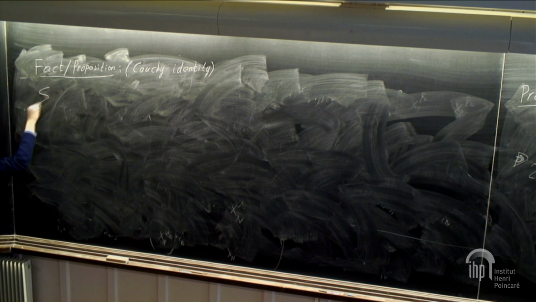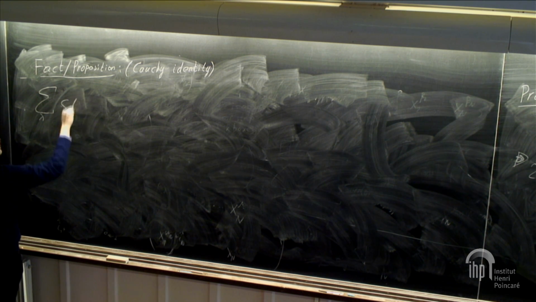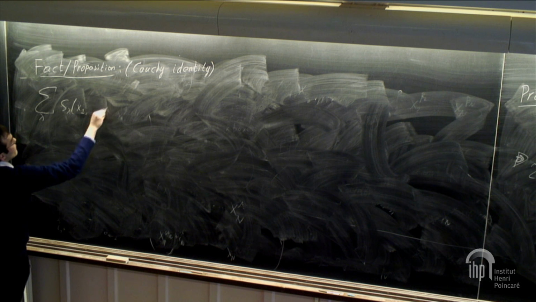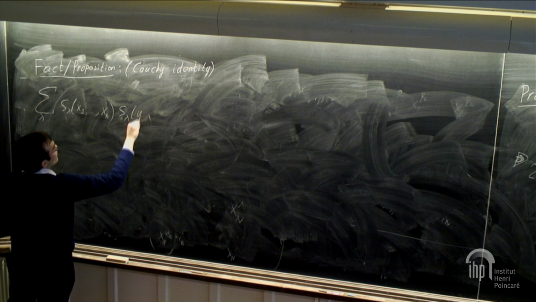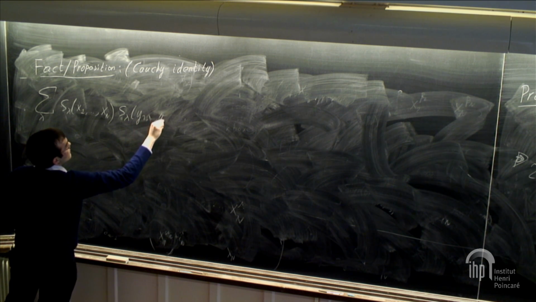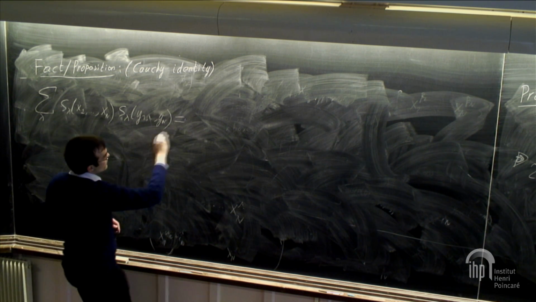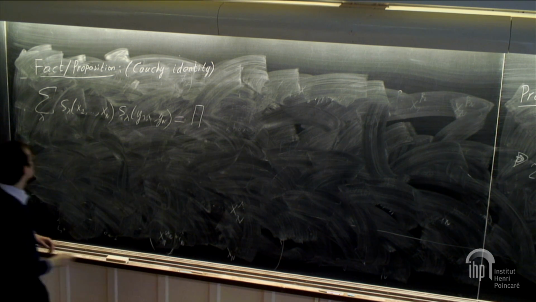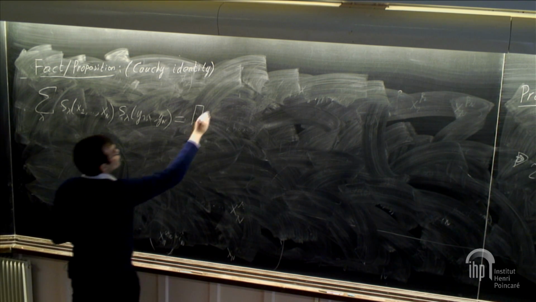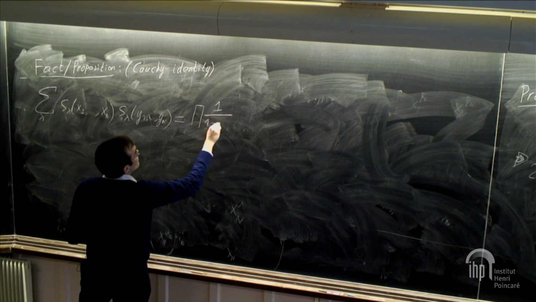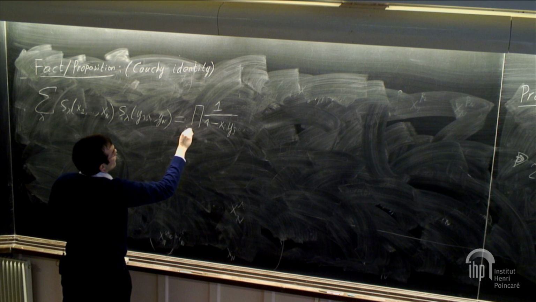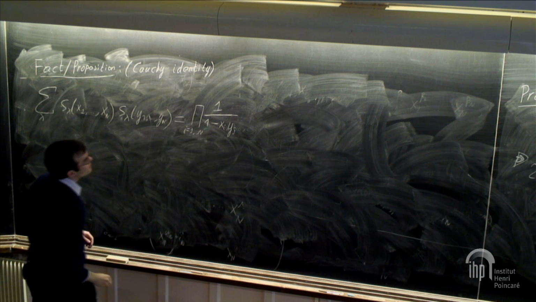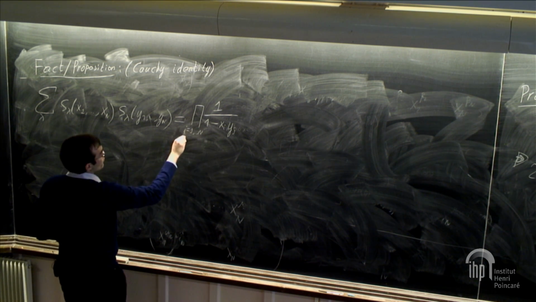So the claim is that the sum over all lambdas of s_lambda(x1, ..., xn) s_lambda(y1, ..., yn) is actually a product of 1 over 1 minus xi yj, i from 1 to n and j from 1 to n.